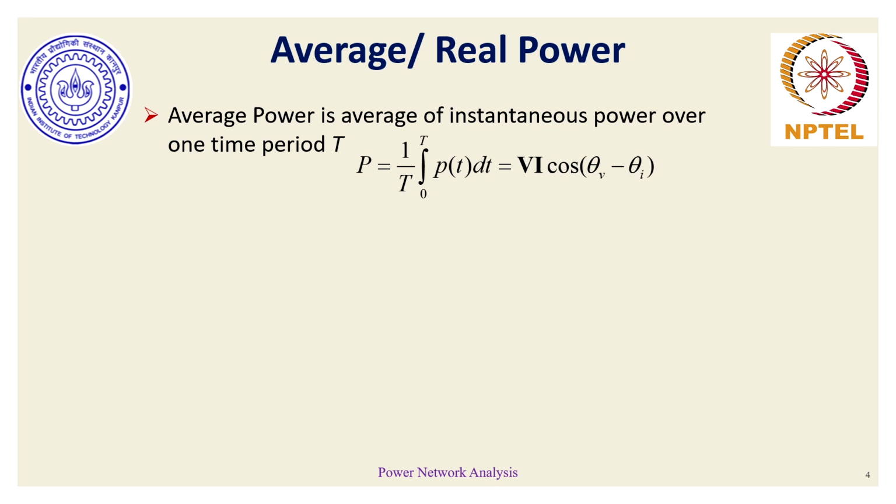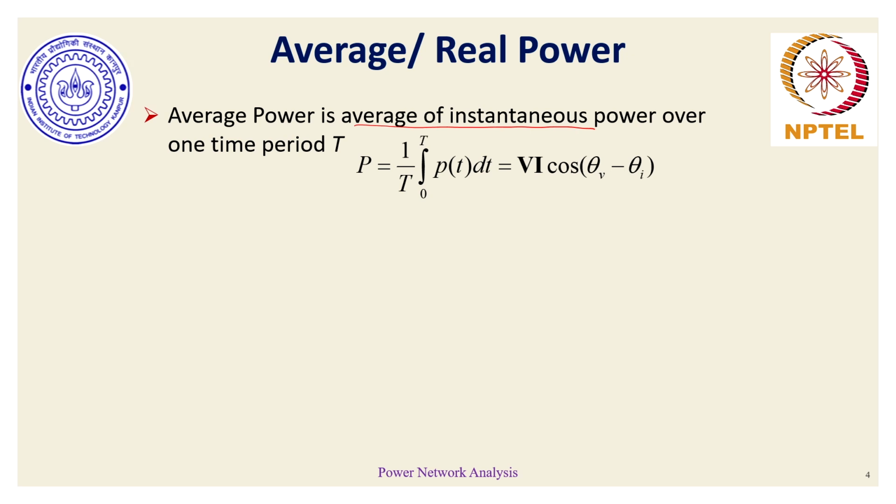If we now try to evaluate the average or the real power, then the average power is nothing but the average of the instantaneous power. It is very similar to defining average values of voltage and current AC signals, which we had seen in the previous lecture.